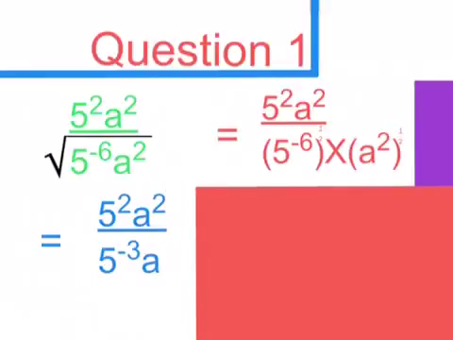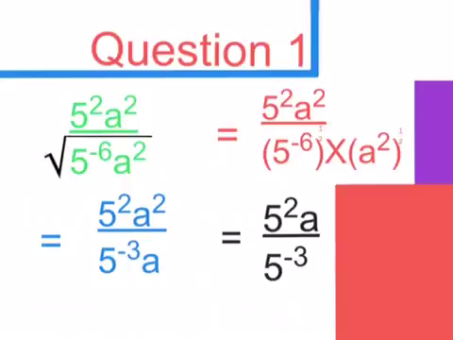The next thing I did is divide a squared by a, and that leaves no a down here. When you divide a squared by a, since this has the power of 2, you just minus the powers, so that leaves a with only 1 power, and then it stays like that.